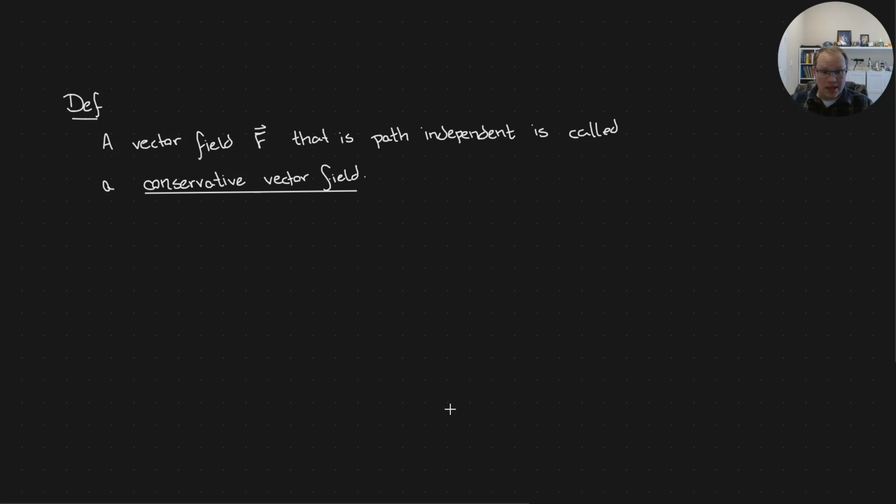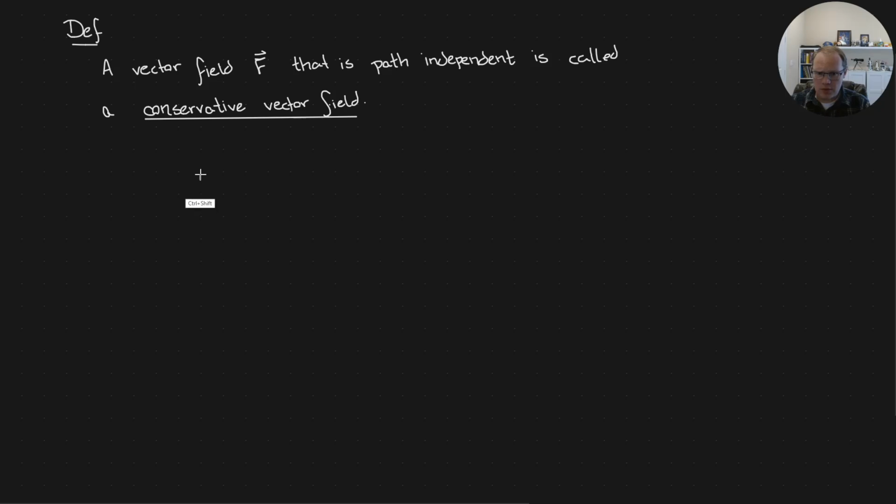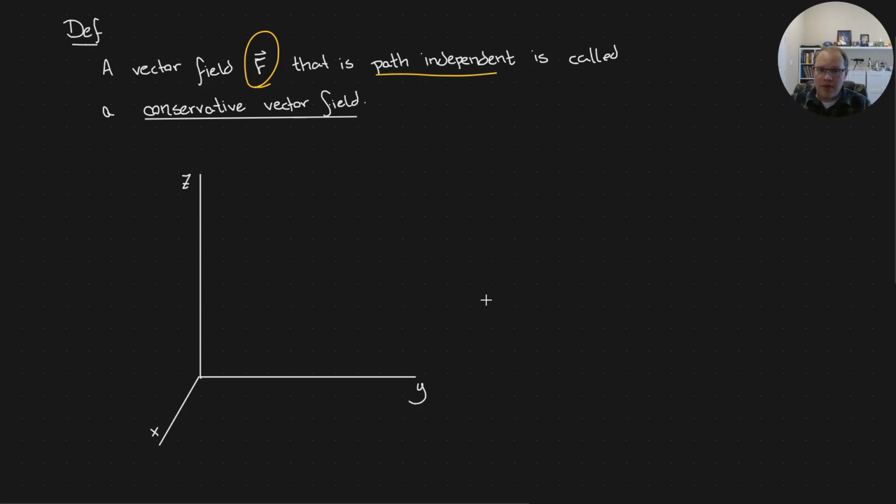So we could actually develop a test using Stokes' theorem. Okay? So imagine we're in three-dimensional space. Now, if a vector field is path independent, that means for any closed path in space, the line integral of the vector field would be 0, right? Because if we're independent of path, then this and this will give the same result, just going in different directions.